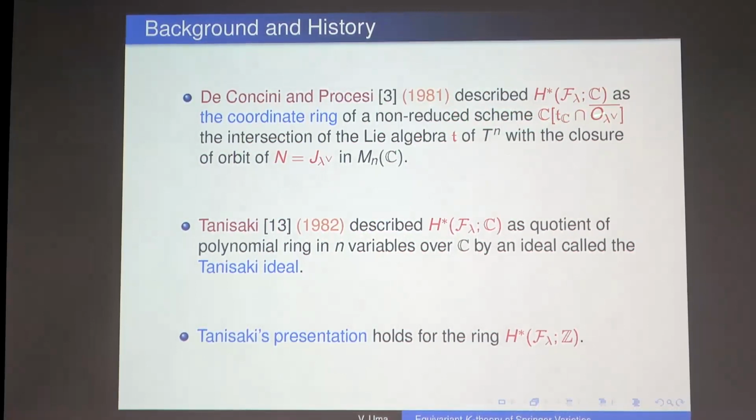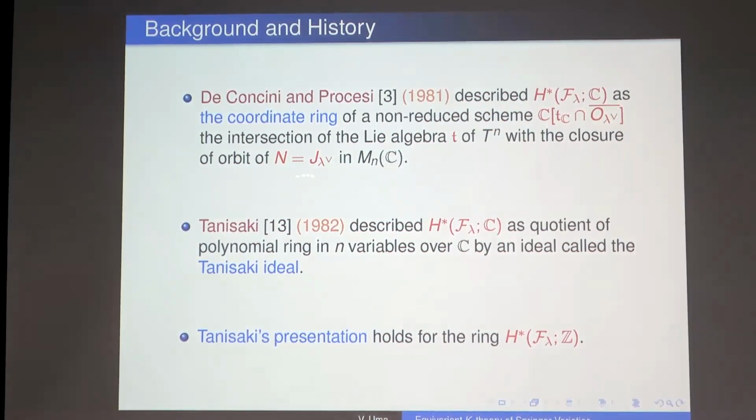So TC denotes the Lie algebra of this torus, and we take n inside MnC, the nilpotent operator inside MnC, and we take the adjoint action of GLn on MnC, and we just take the closure of the orbit containing n inside MnC, where n now is the Jordan form associated to the dual.